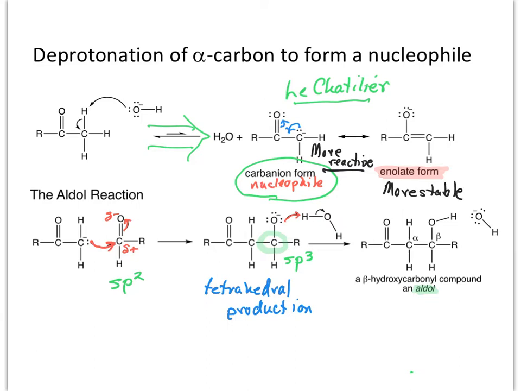So if we look at our carbonyl, there's a carbon alpha to the carbonyl and a carbon beta to the carbonyl, and that carbon beta to the carbonyl has a hydroxyl group on it, right? So this beta hydroxycarbonyl compound is something we call an aldol, and hence we call this the aldol reaction.